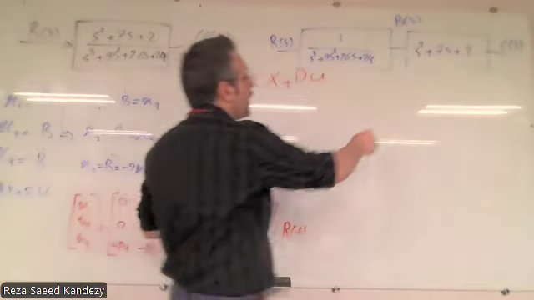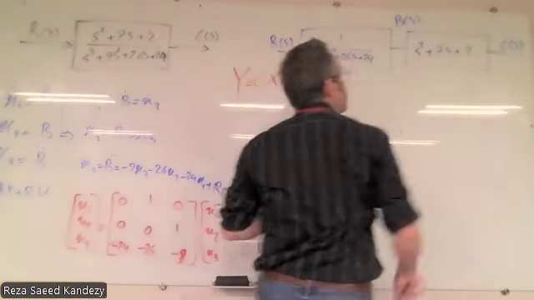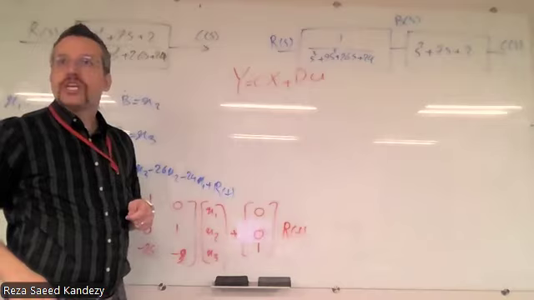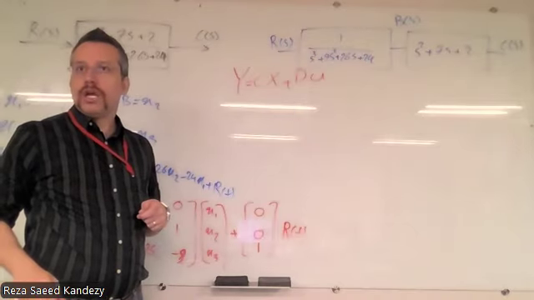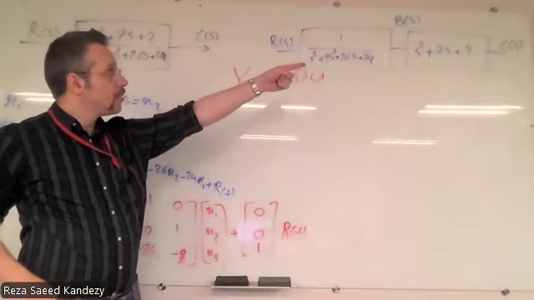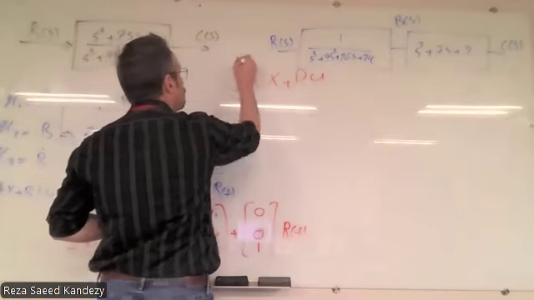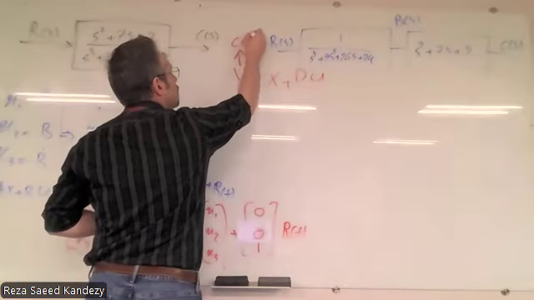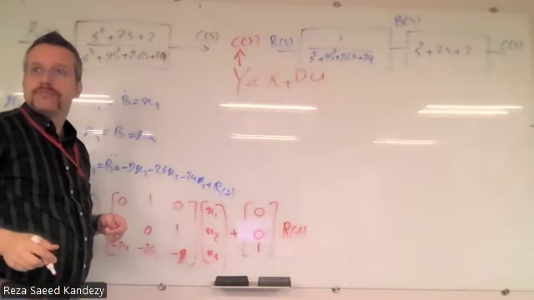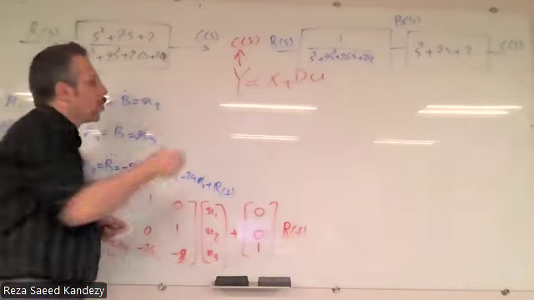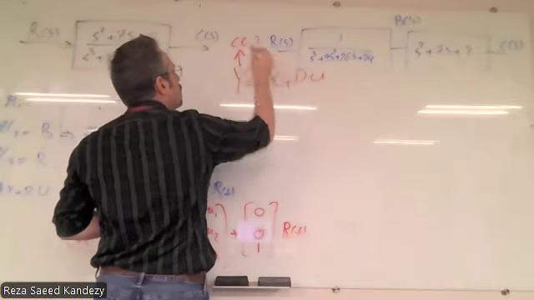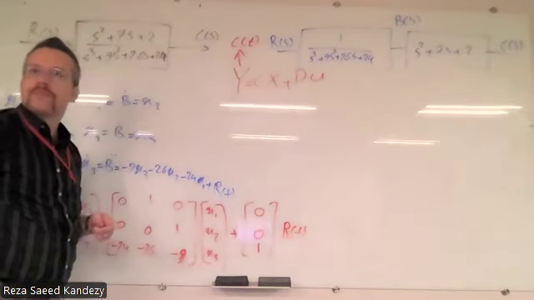Now, I am going to use the second block diagram, knowing that my output is C(s). Are we good? This is in continuous time, okay?